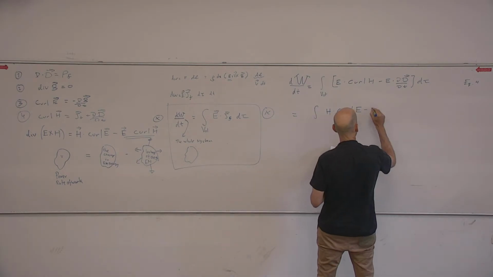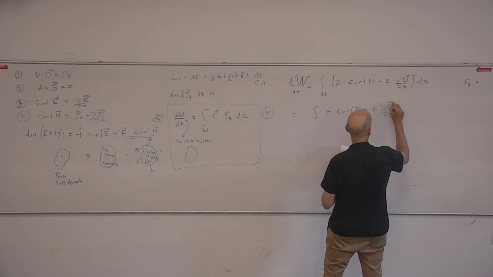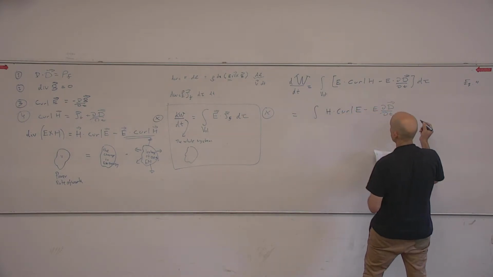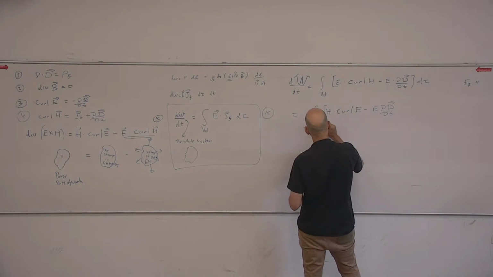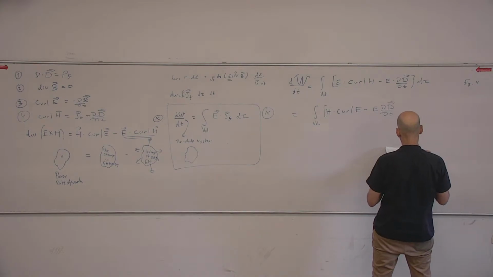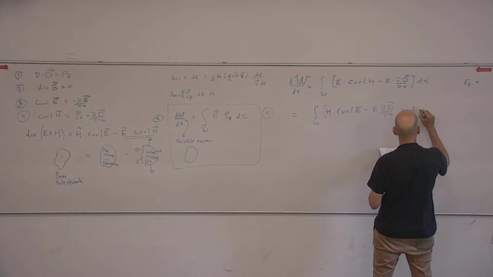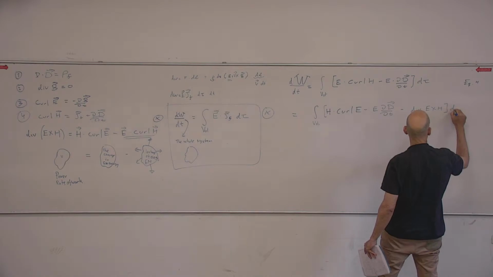I'll leave this term now because this is a bulk term, d/dt. This is over the volume, and minus div E cross H d tau.